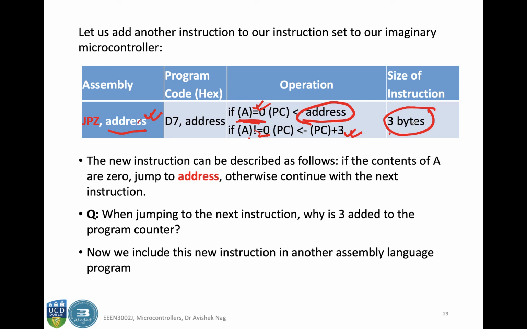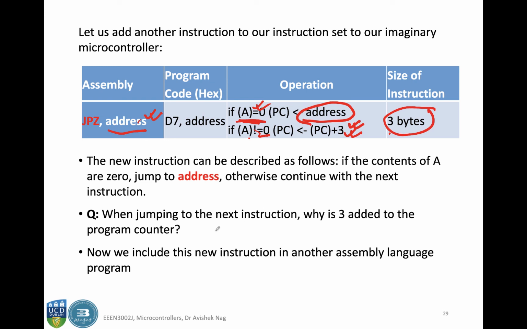The next instruction will be occurring at an address which is 3 memory locations apart, and therefore to jump to the next instruction the program counter has to increment 3 places.